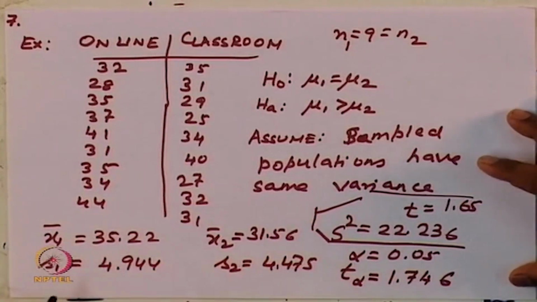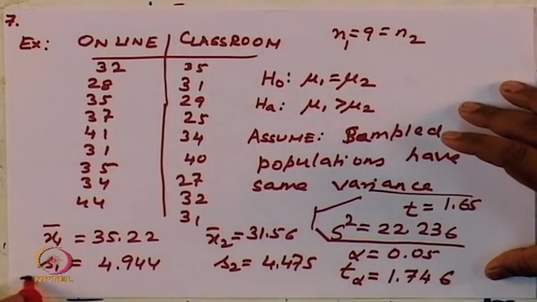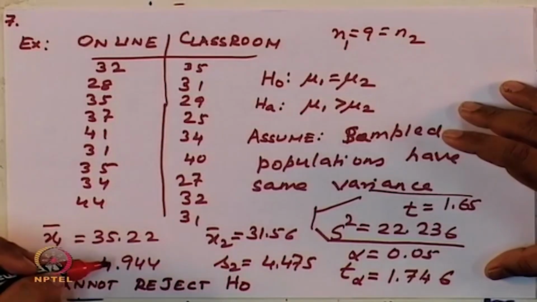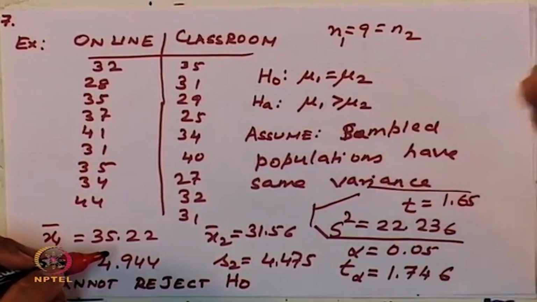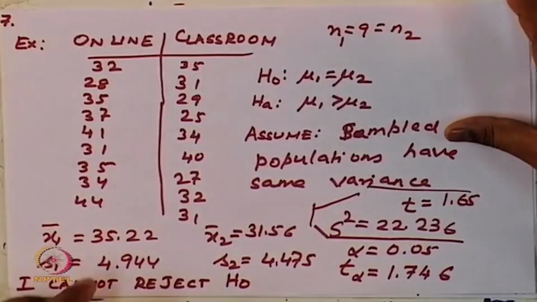So, what you can clearly see is because this value is less than this value, I cannot reject H naught. So, I need to increase the sample size in order to say anything about whether the performance remains same or it changes.